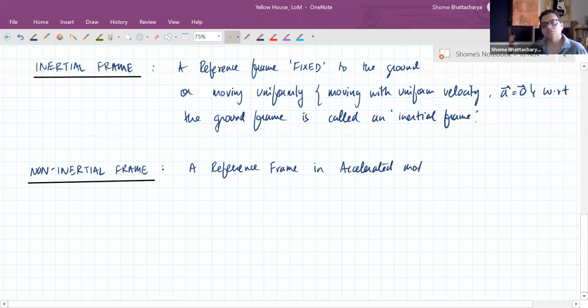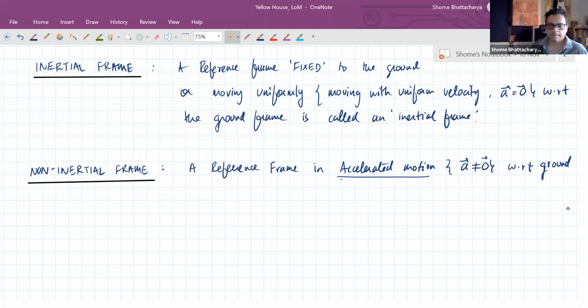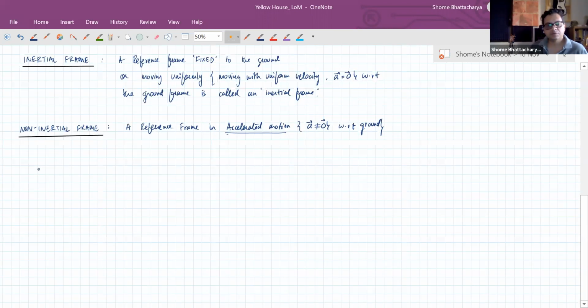So it is an accelerated motion, that is, its acceleration is not equal to zero with respect to the ground. So let us understand this with an example or two.